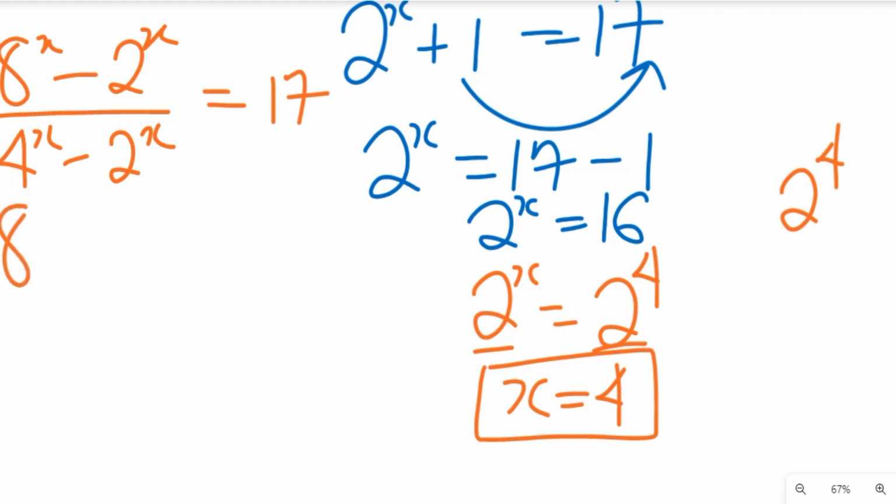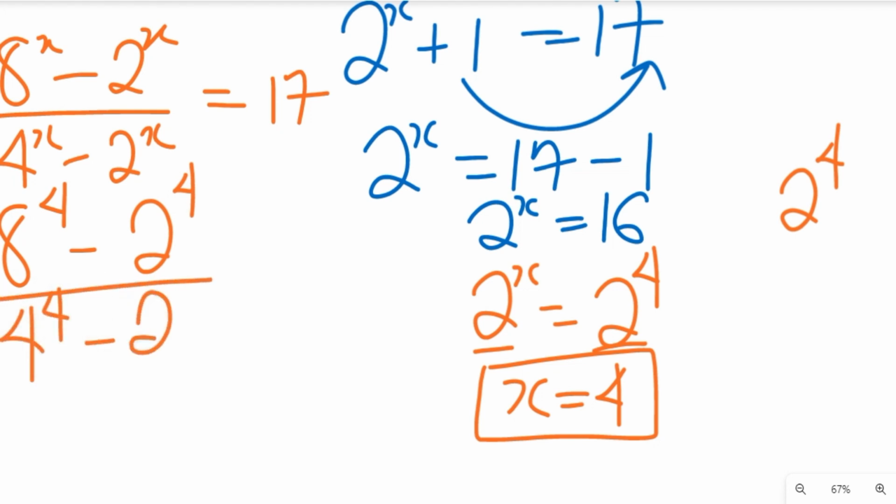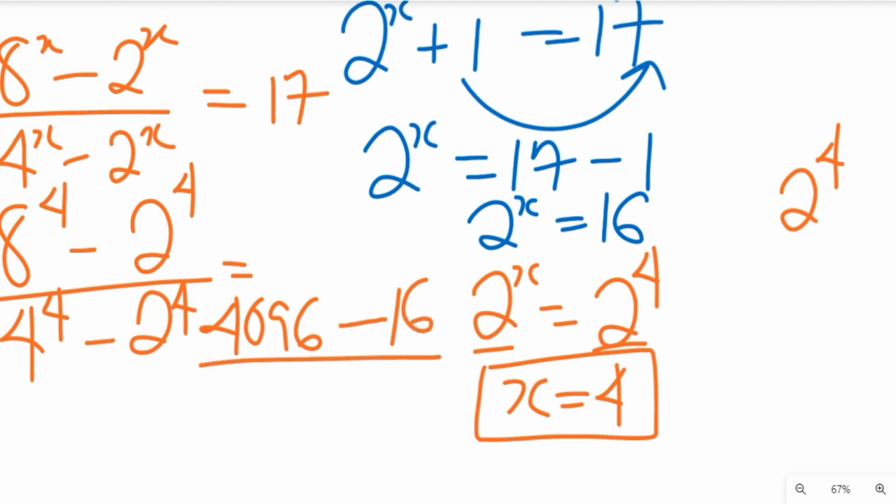So this will give us 8 to the power of 4 minus 2 to the power of 4, divided by 4 to the power of 4 minus 2 to the power of 4. 8 to the power of 4 gives us 4096, minus 16, divided by 256 minus 16.